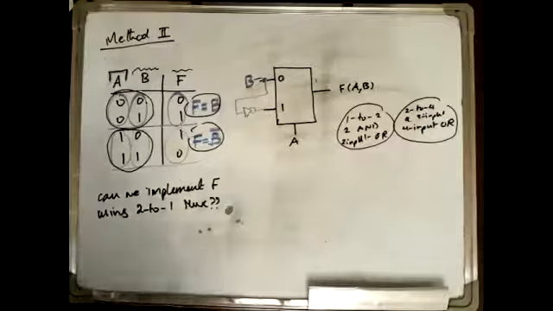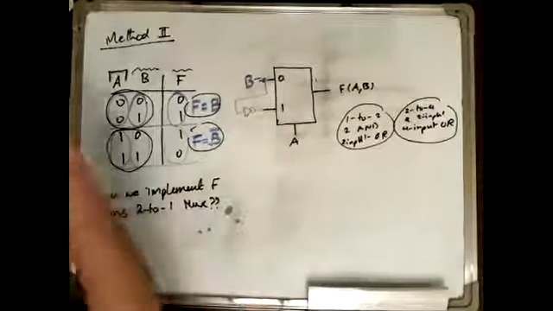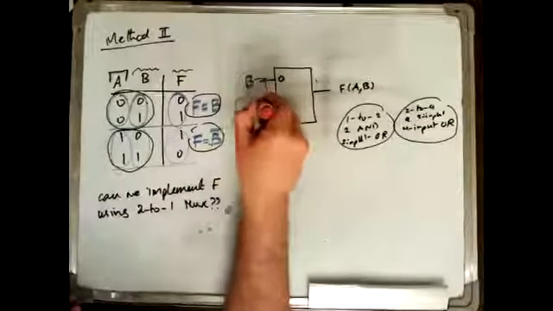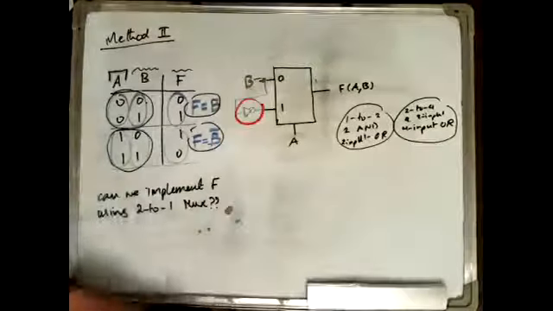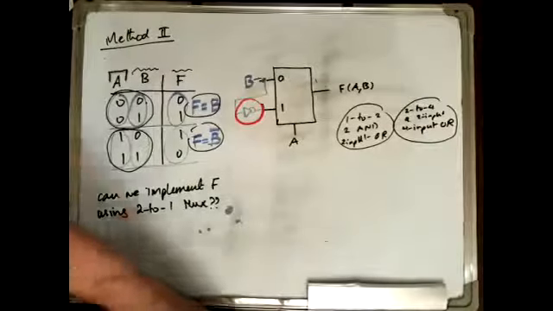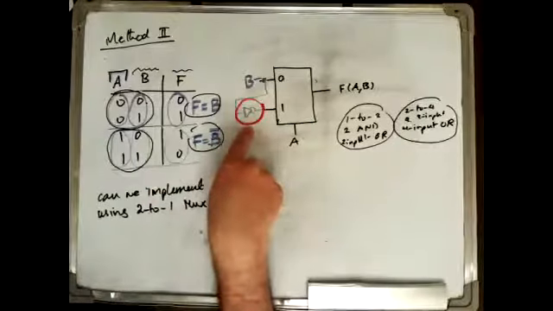But what is the cost of using a smaller multiplexer? Basically, and this is very important, you may need to add an inverter. Depending on the function, you might not need an inverter.